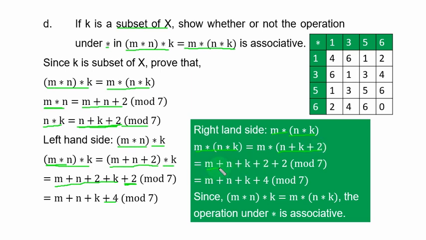So you have m plus n plus k plus 2 plus 2 modulo 7. When you add 2 and 2, you have plus 4. So the right hand side is m plus n plus k plus 4 modulo 7. When you check both results from the left and right hand side, they are the same. So the operation under asterisk is associative. That is the meaning.